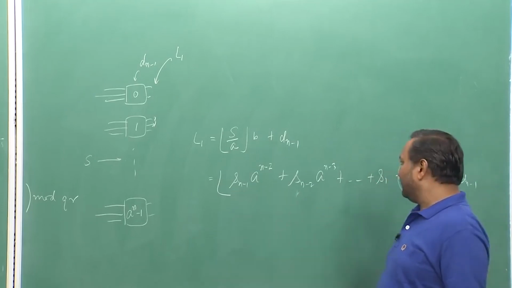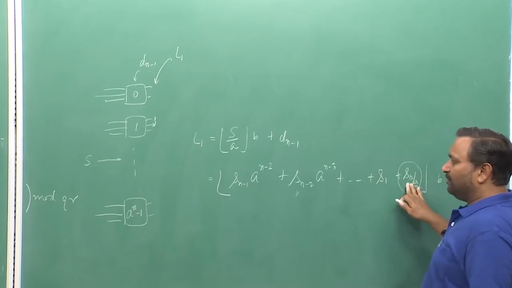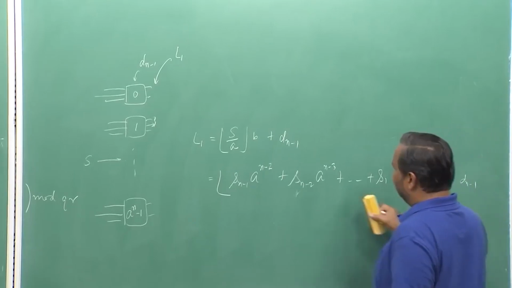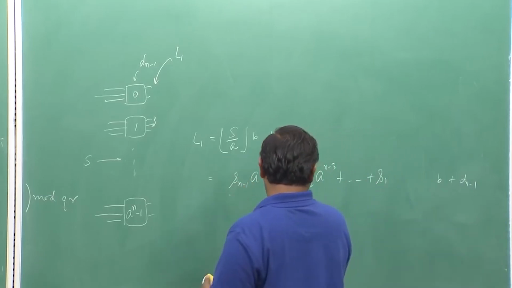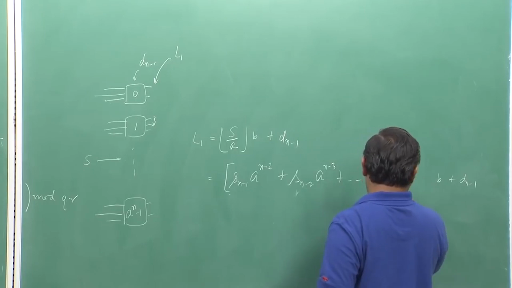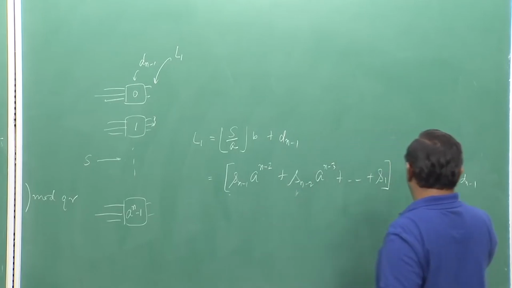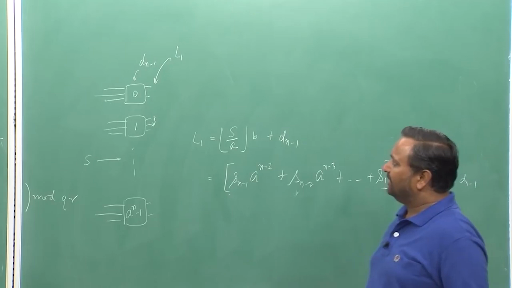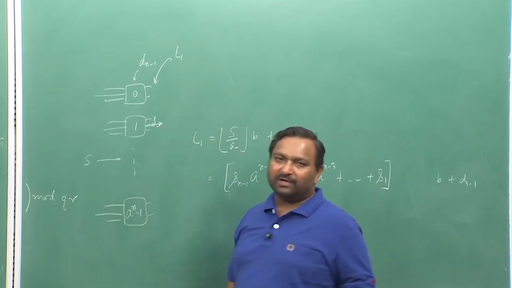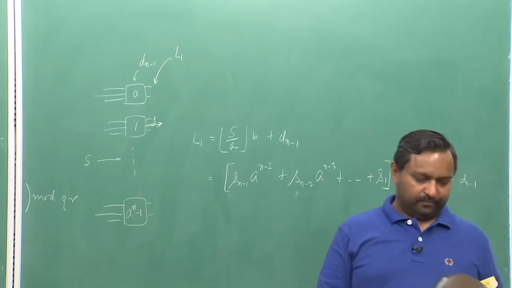So, when I take the floor function, this will be going away. So, the moment I take floor function, this will no more be there, and instead, this whole thing multiplied by B plus Dn minus 1, that will be the number to which the input will be routed after the first stage.